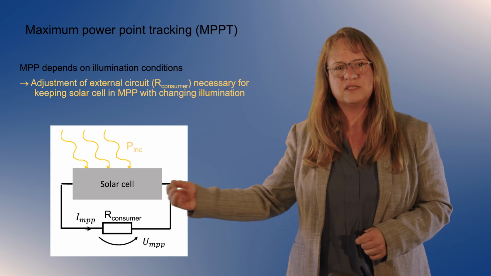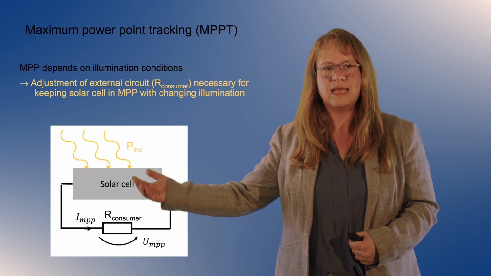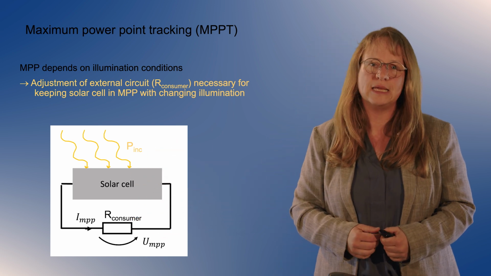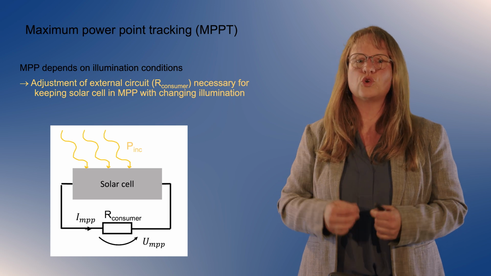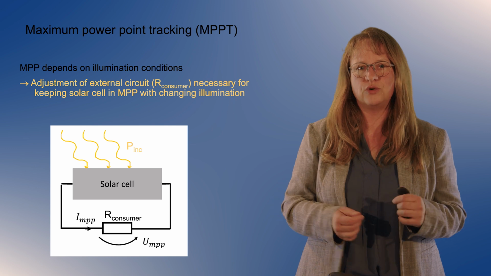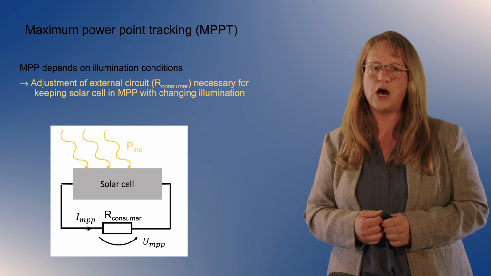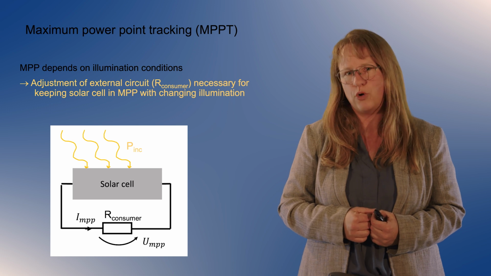But what we see is that this resistor, this load, needs to be adapted if you have a changing illumination of your solar cell. And this is called maximum power point tracking. And in order to extract the maximum efficiency out of photovoltaics, it's essential to do maximum power point tracking.